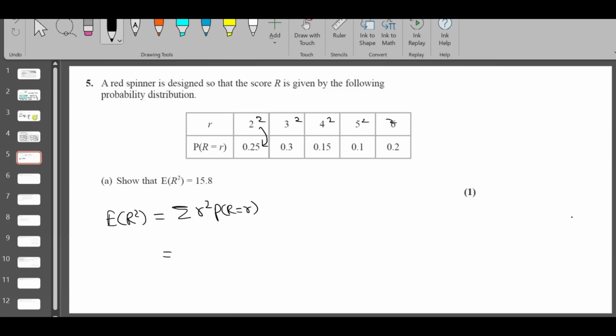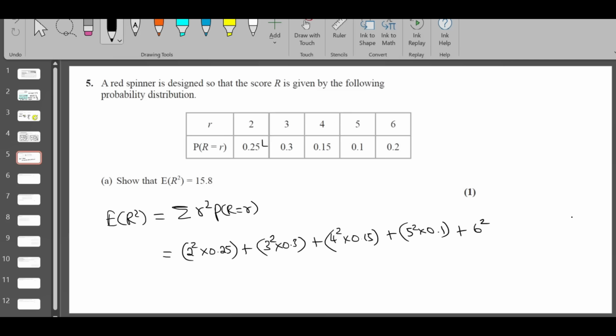So it's basically 2 square times 0.25 plus 3 square times 0.3, 4 square times 0.15, 5 square times 0.1, and the last number is 6 square times 0.2.